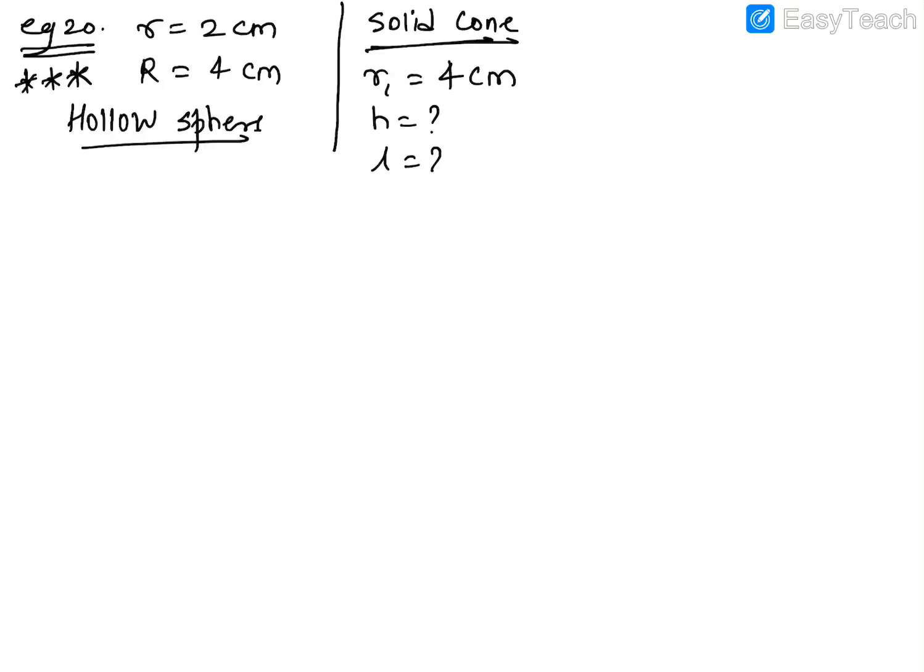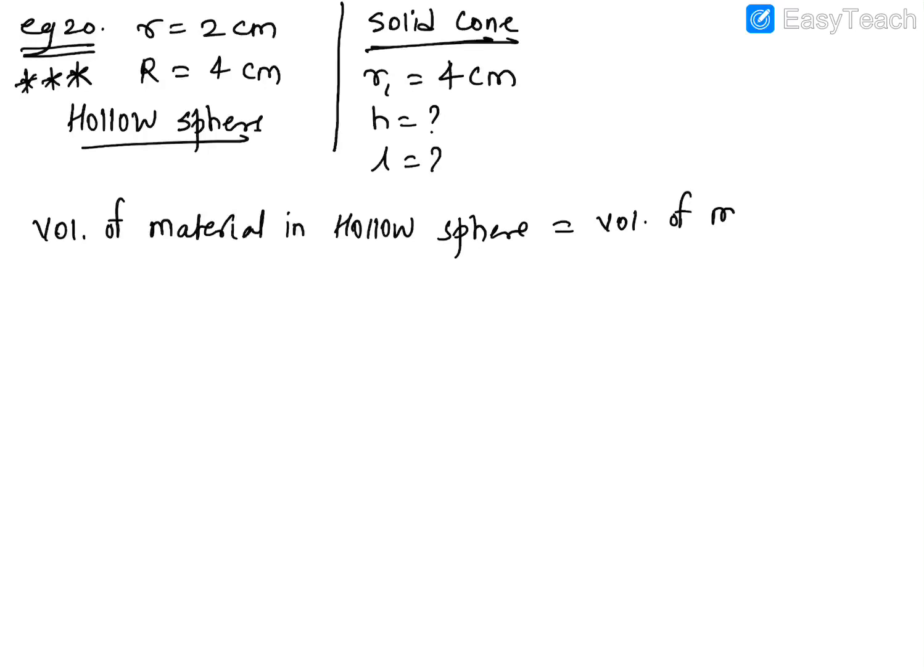Now what concept are we going to use? Again they said melted and recasted. So what we can say is that the volume of material or the metal which we have used, the volume of material in the hollow sphere, will be equal to the volume of material in the solid cone.